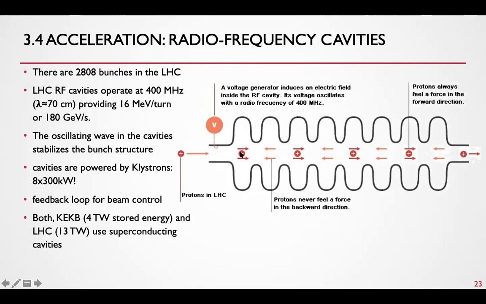The electric field is oscillating in time, so that while the proton bunch moves from left to right, it always feels an acceleration. The protons never feel the backward force from the cavity that has the negative phase. So you see that every second cavity is filled and the proton bunches move with the speed of light from left to right.